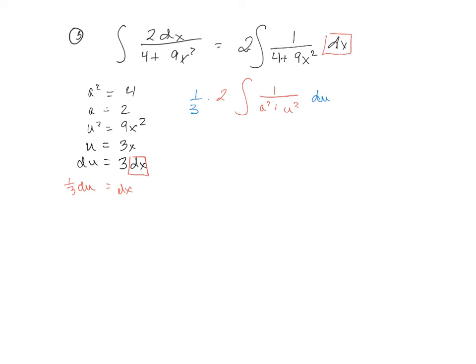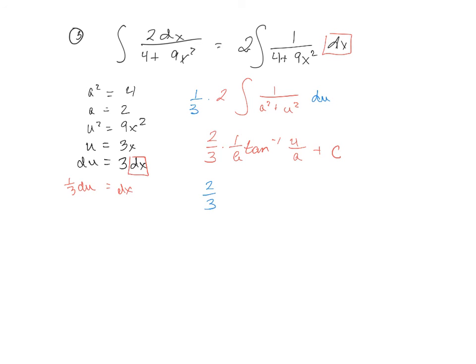So when I go to my next step, I have 2/3, and that's going to be inverse tan of u over a plus c, with that 1/a in front of my inverse tan. So let's go and replace.